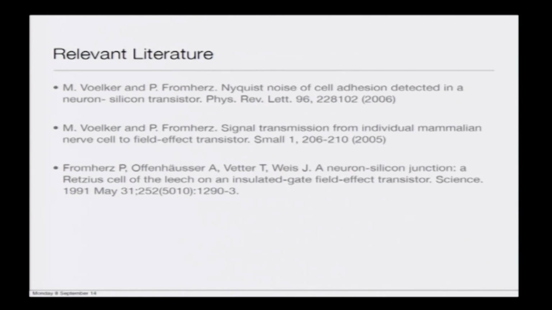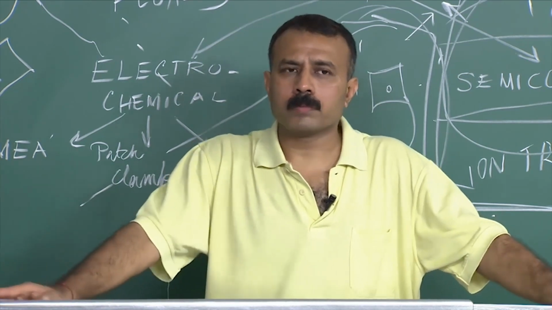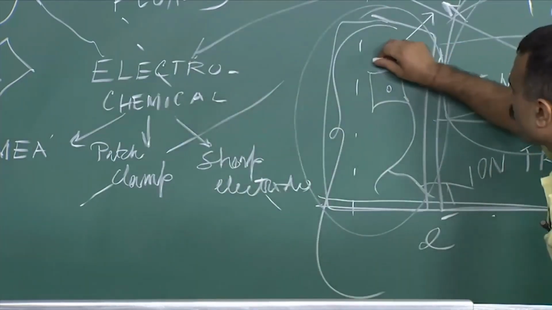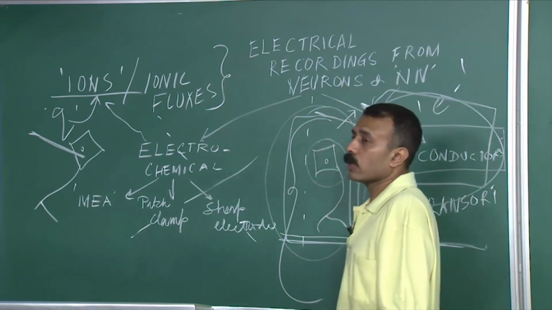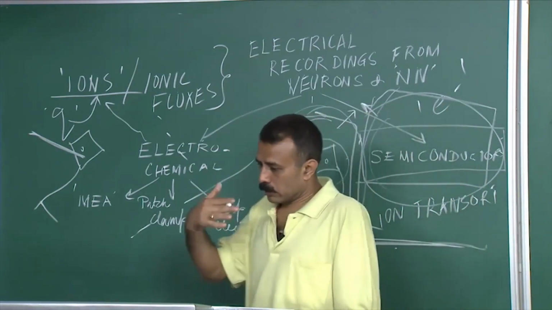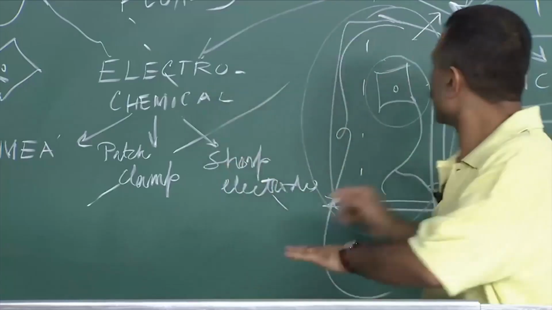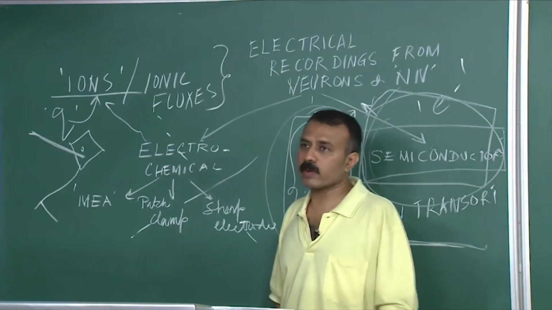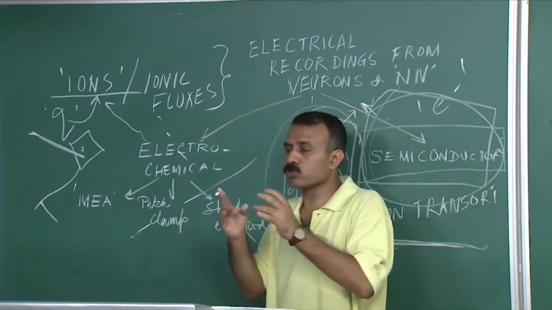He worked along with several people, Andreas Offenhäusser and others, and he was involved in giving birth to this extraordinarily challenging area of interfacing neuronal systems with semiconductor devices, which involves a lot of technical expertise and understanding of device physics, because when you are dealing with a semiconductor, you really have to understand the device physics very well. In one of the last slides, I will show you how those chips were made.